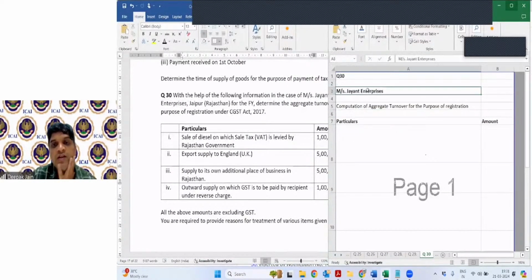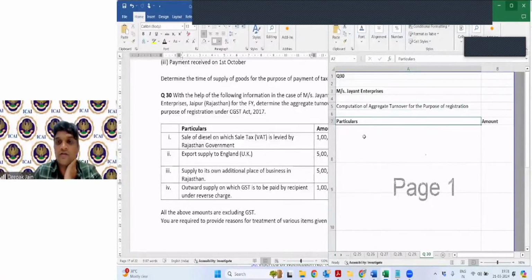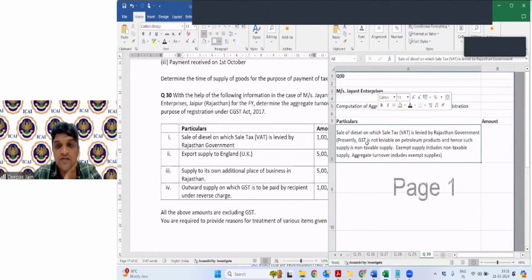Question number 30. Jayant Enterprises computation of aggregate turnover for the purpose of registration. First is sale of diesel on which VAT is levied by Rajasthan government. Presently, GST is not leviable on petroleum products and hence such supply is non-taxable supply. Now, the definition of exempt supply, as I was saying, includes non-taxable supply.